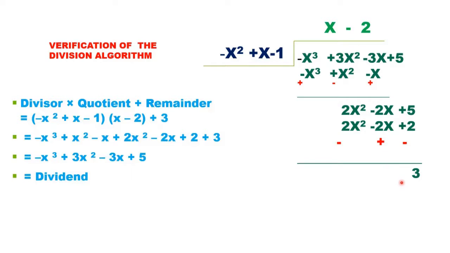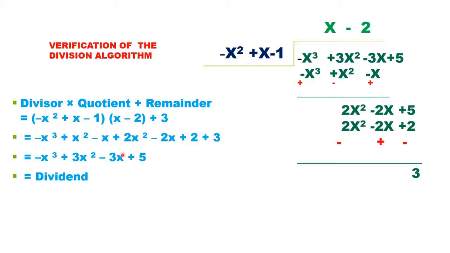And add this one, 3. Adding 3 means adding r(x). And what will we get? This one. This is p(x), or we can even say the dividend. So here is the dividend. Now this one, g(x), this is q(x) plus this remainder 3, right?